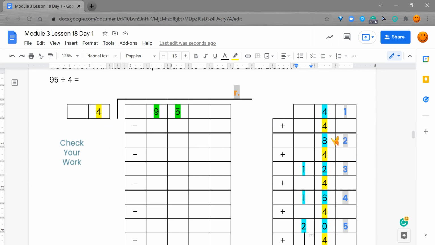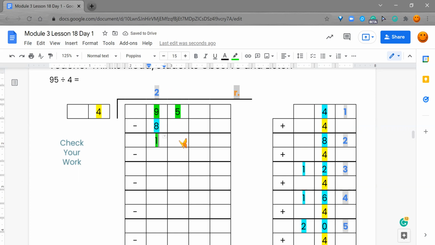Is 8 bigger than 9? No. And I see that 8 is the second multiple of 4. So up here in the quotient, I'm going to put 2. I'm going to multiply the quotient and the divisor. 2 times 4 is 8. Then I do 9 minus 8, which is 1.